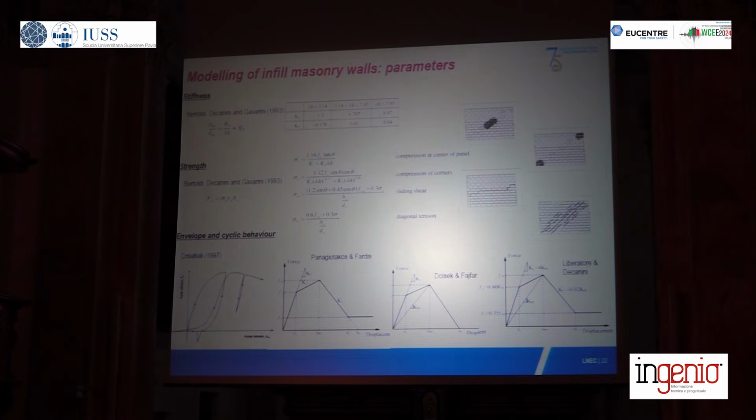So in terms of the parameters for the in-plane, we have several expressions for the stiffness and the strength, depending on the type of failure that you obtain for the particular infill, and then you also have to define the envelope and the cyclic behavior, and there are a number of proposals to do so. Of course, all of these proposals will lead to different results.